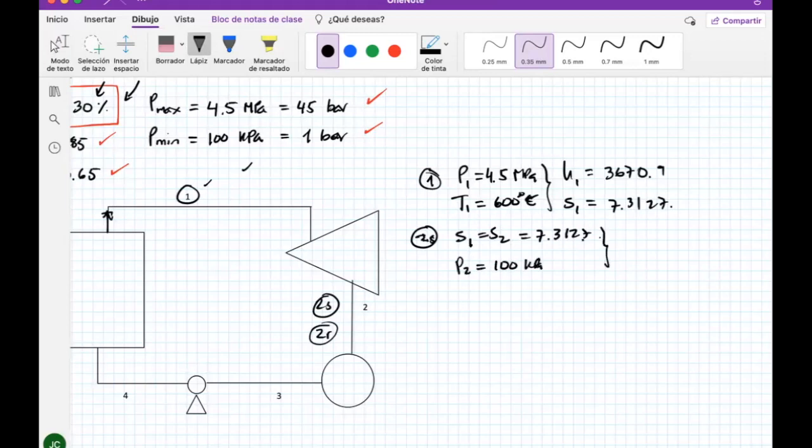So with this information, you can go into a calculator or your steam tables and check if this is gonna be a mixture. So this state is gonna be a mixture.